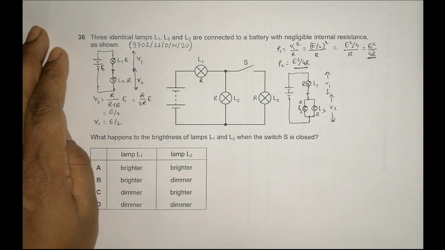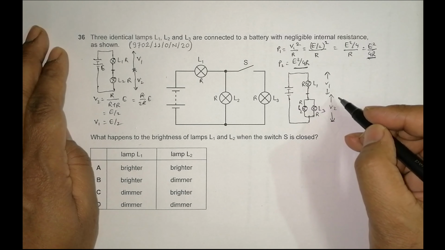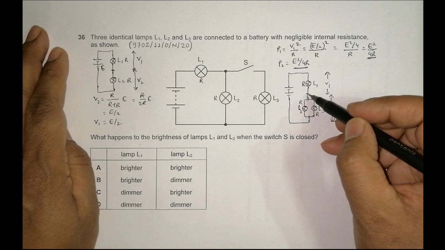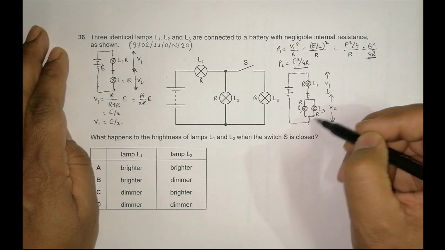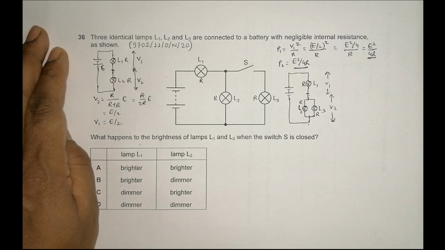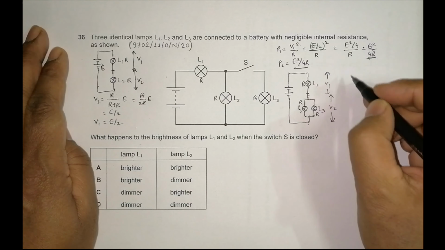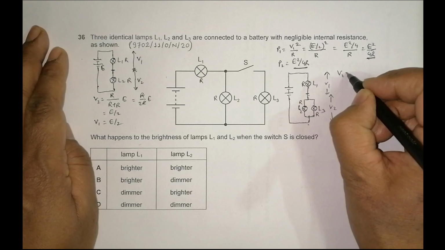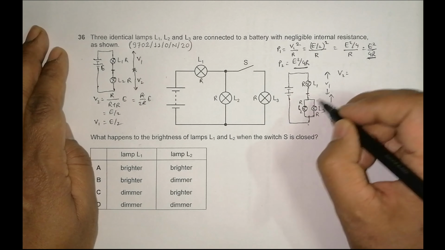Now here let's find V2 and V1 separately. The total resistance from this point to this point will now be R by 2 because it's parallel. So in a parallel combination, the resistance will be R by 2 if it is R and R. So V2 should be equal to, the resistance here is R by 2.